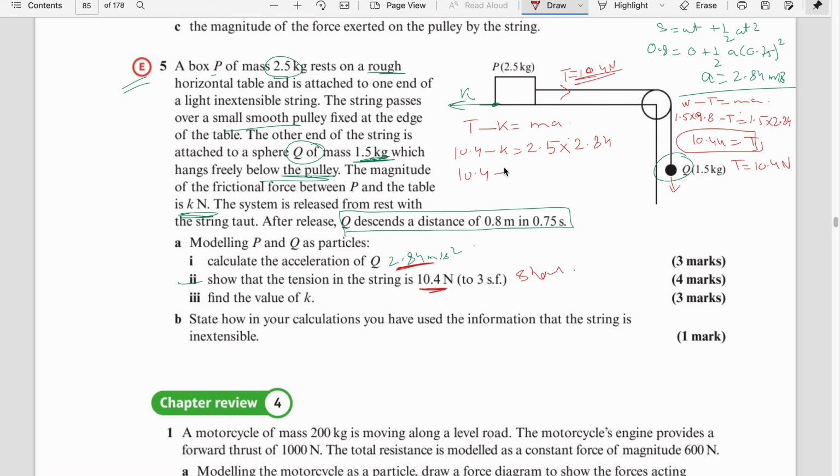So 10.4 minus 2 times 2.84 is 4.7 equals K. So the magnitude of K is 10.4 minus 5.68, that is 4.7 newtons.